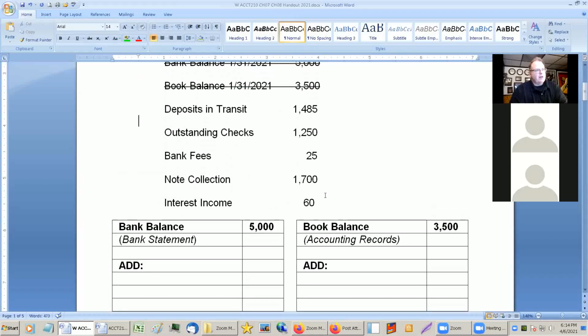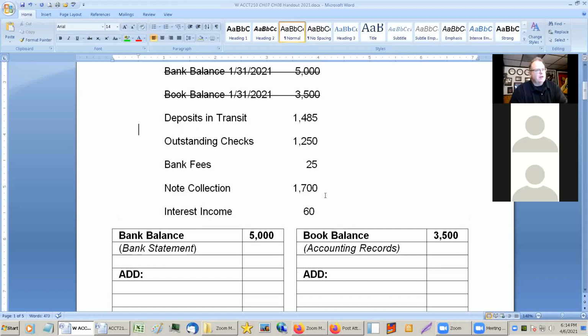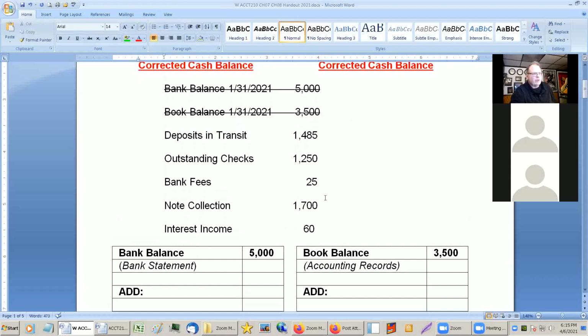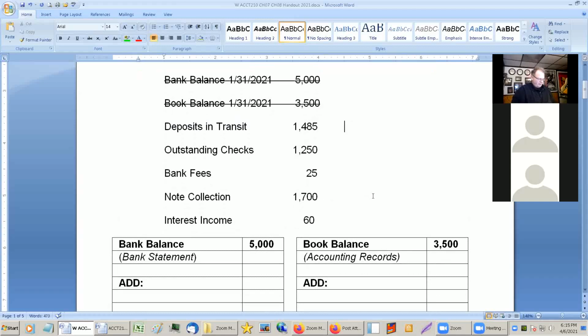And I think I'm going to explain something. First one is deposits in transit.